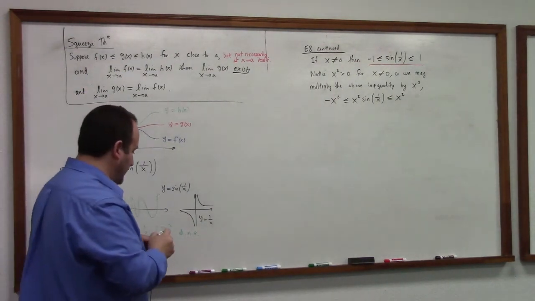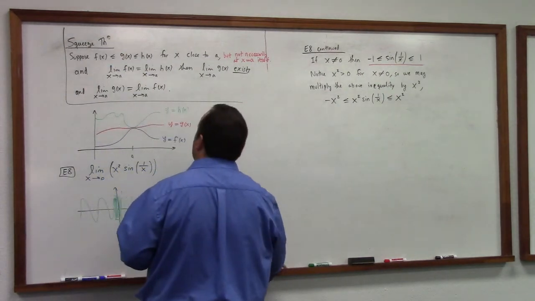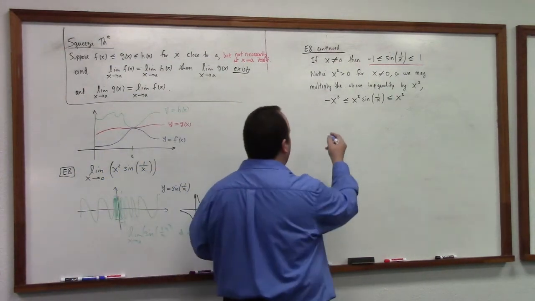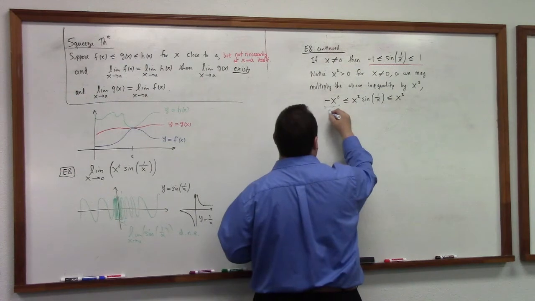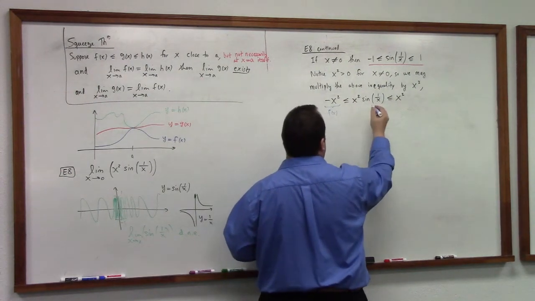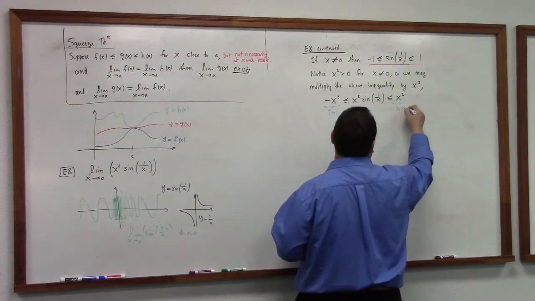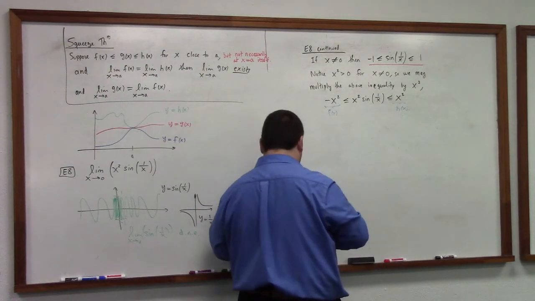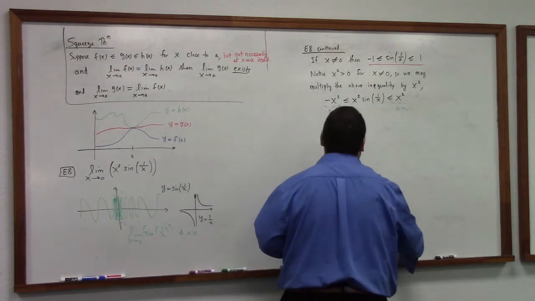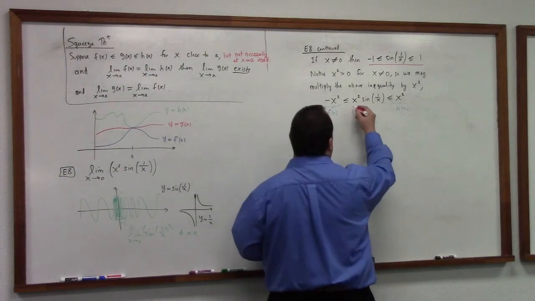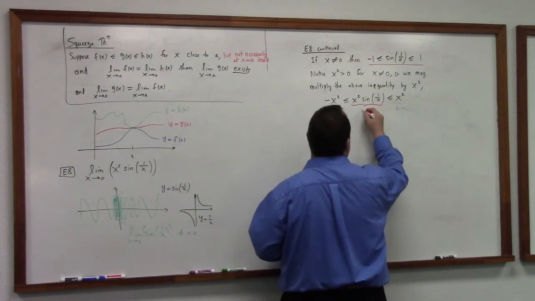And I'm going to use the squeeze theorem, sticking with my current lettering. I'm thinking of this as f of x. I'm thinking of this as my h of x, as in my current nomenclature. And the middle one is the thing I'm trying to calculate the limit of. This is my g of x.